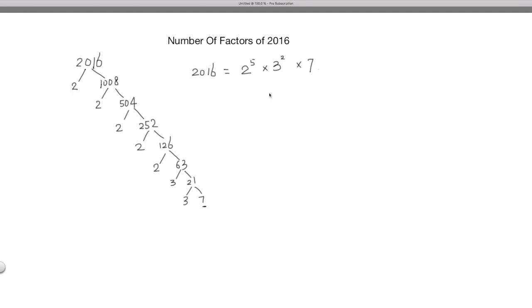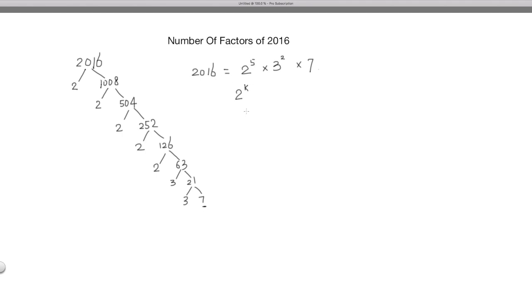Now let's consider what makes a number a factor of 2016. Let's first focus on a simpler problem. What makes a number in the format of 2 to the power something a factor of 2016? I'm asking the question, how many numbers of the form 2 to the power k are a factor of 2016?